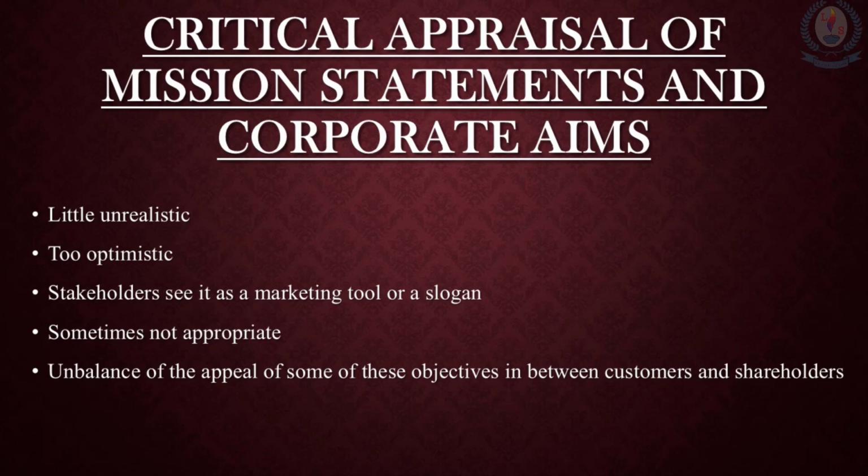and when it comes to a very small scale enterprise, they don't have functional or departmental objectives because they don't have different types of departments within their businesses. For an example, in a retail business, they don't have human resource departments, financial departments, marketing department.